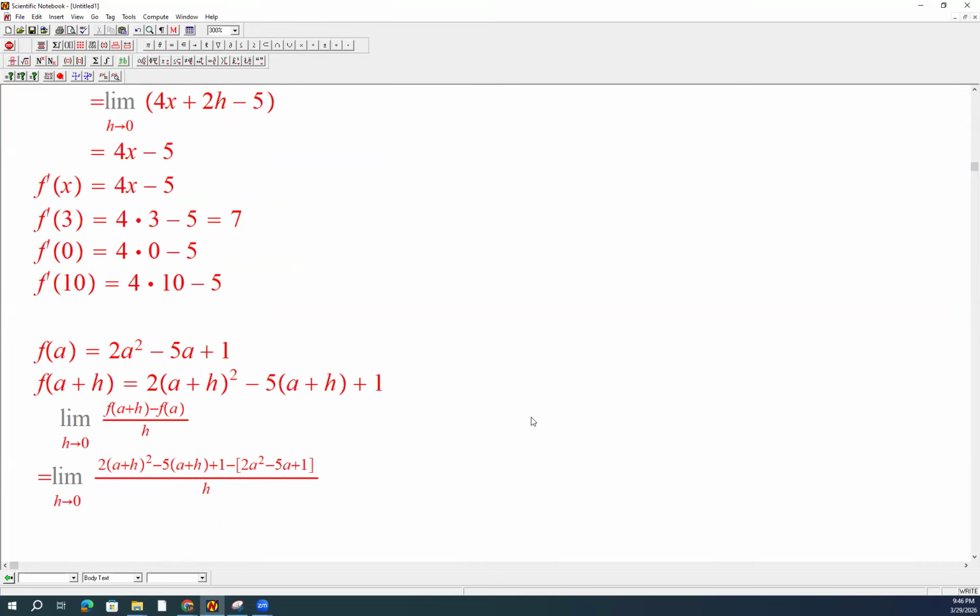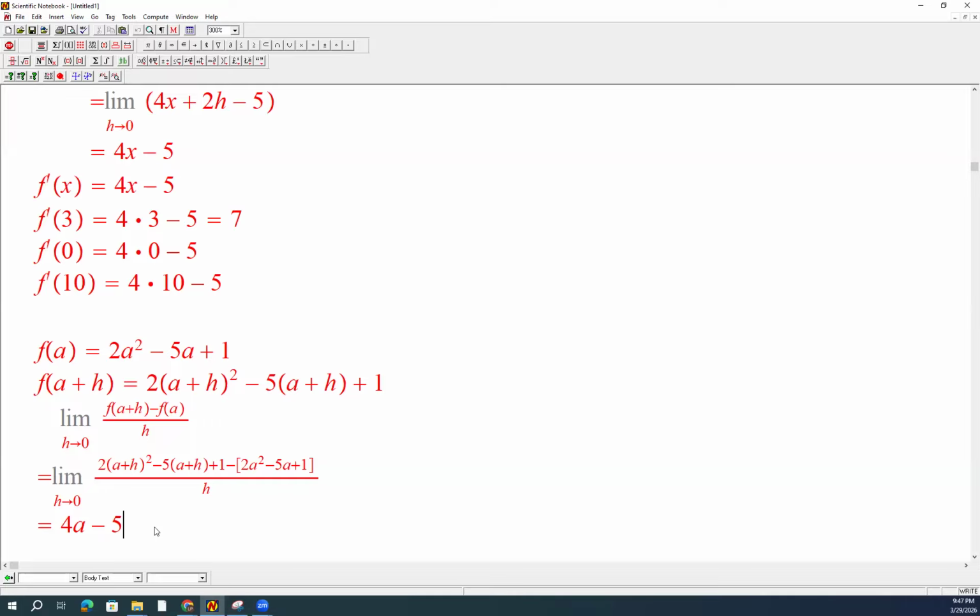So you would get the same formula, which is going to be 4a minus 5. You can try this because I think you understand what I'm saying. So we're going to proceed, right? You're going to get 4a minus 5.